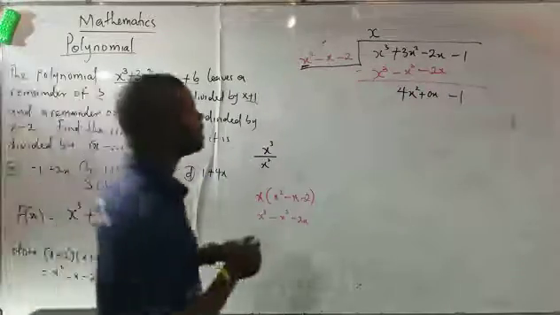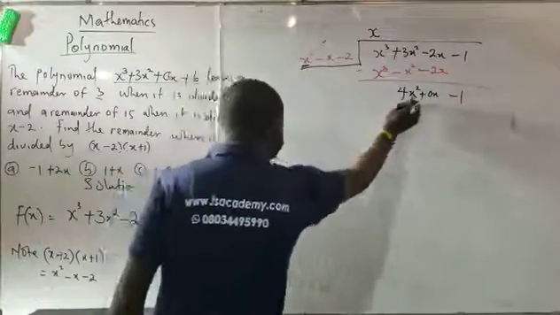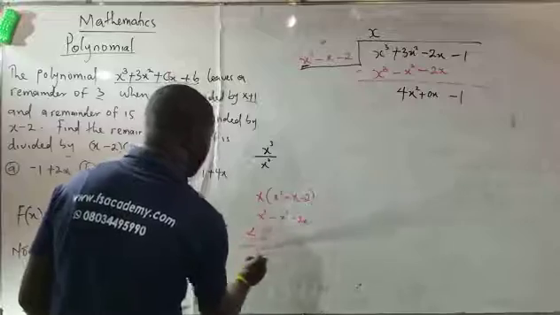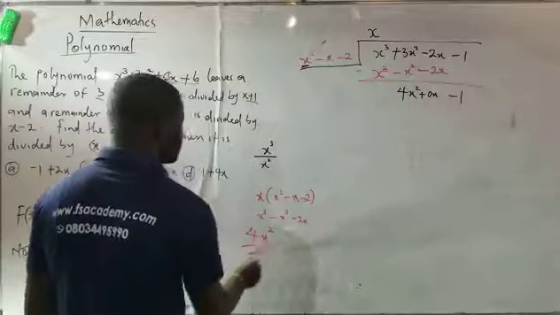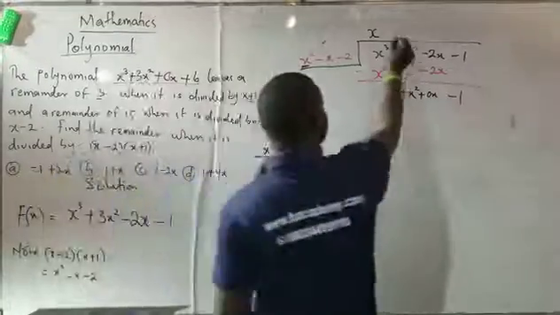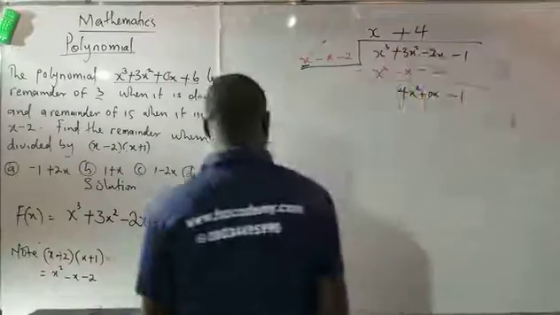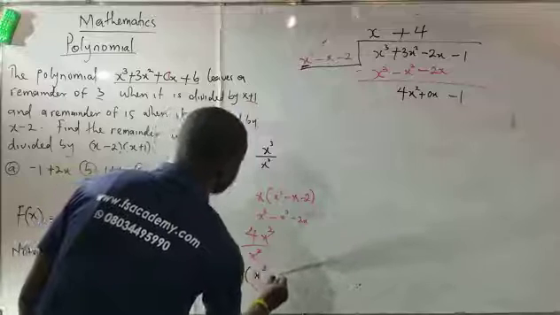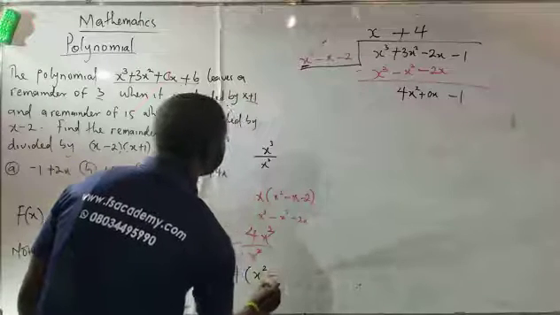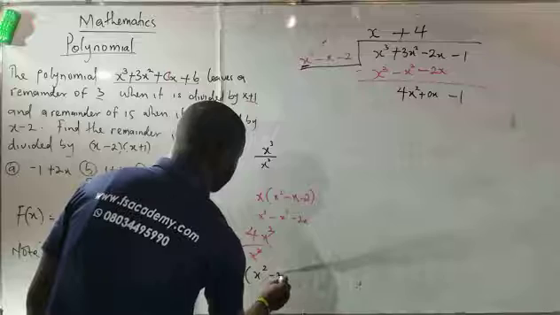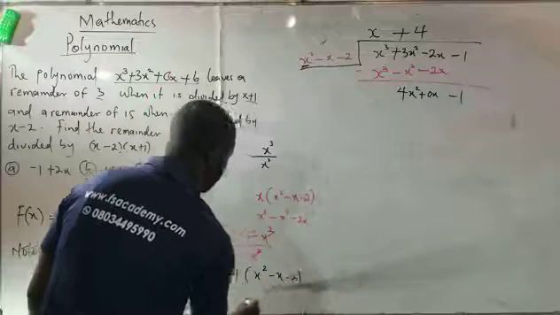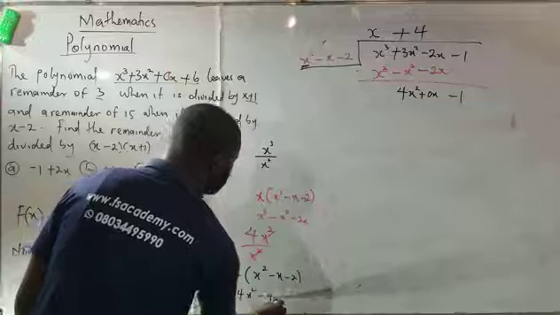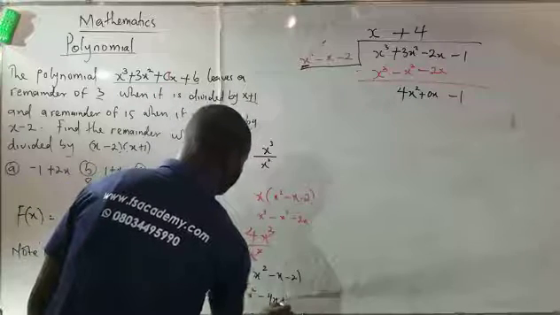Now I will move on to the next one. I will pick 4x squared divided by x squared. This will cancel and it will be left with plus 4. Now my plus 4, I will put it in this function, which gives 4x squared minus 4x minus 8.